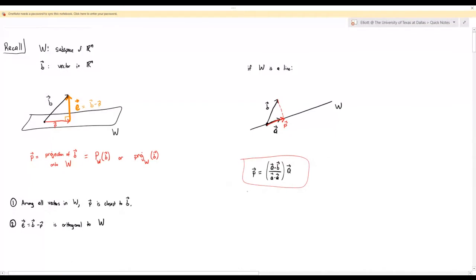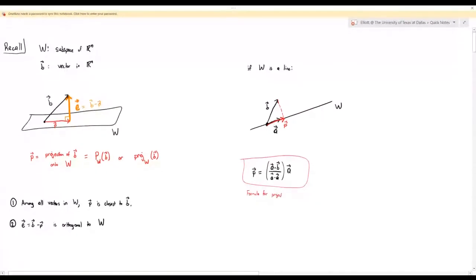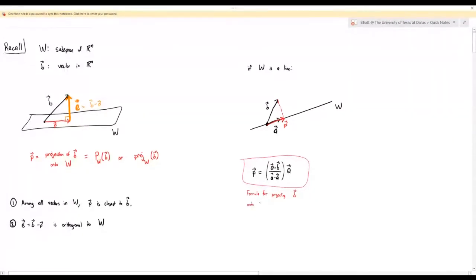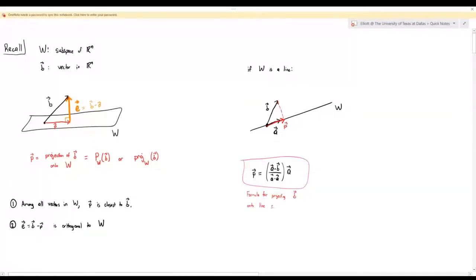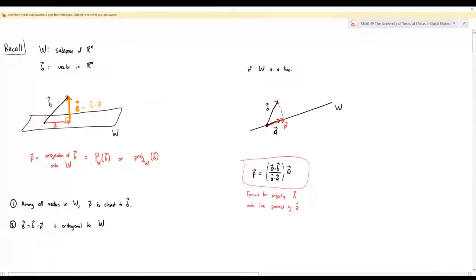So this was a formula for projecting vector B onto the line spanned by vector A, okay?